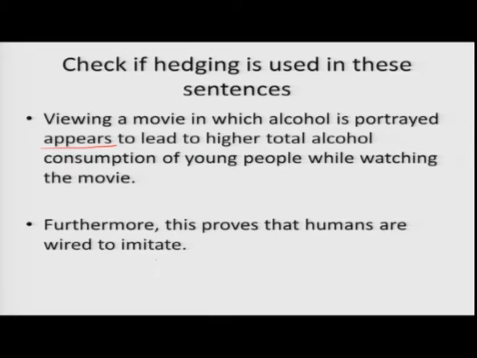The word which you need to focus on is proves. What does prove mean? Prove is a very high level of certainty. For example, we use it in legal cases. This proves that X is the culprit. It is a very high level of certainty.